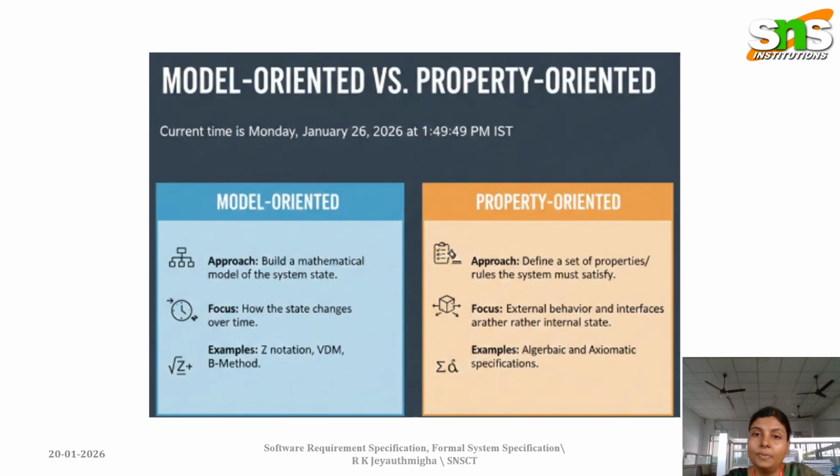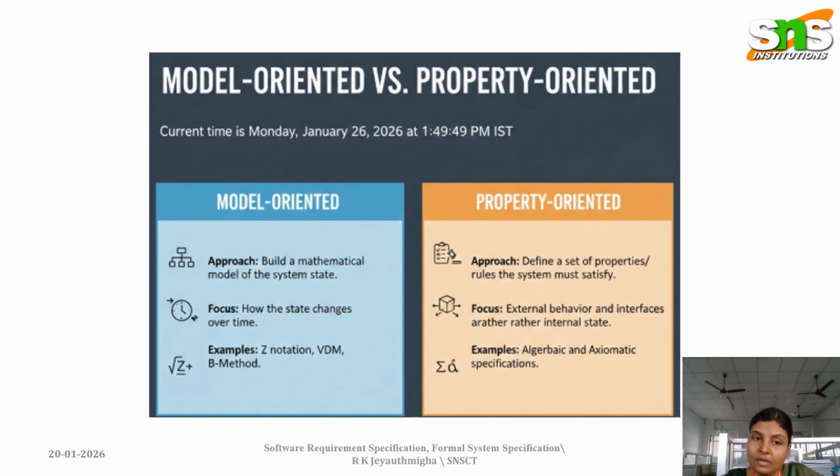Model-oriented versus property-oriented. The model-oriented approach builds a mathematical model of the system state, whereas the property-oriented approach defines a set of properties, rules the system must satisfy. We focus on how the state changes over time in the case of model-oriented, whereas we focus on external behavior and interfaces in property-oriented.